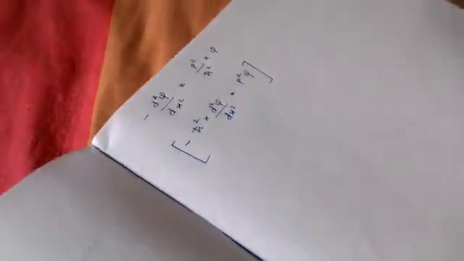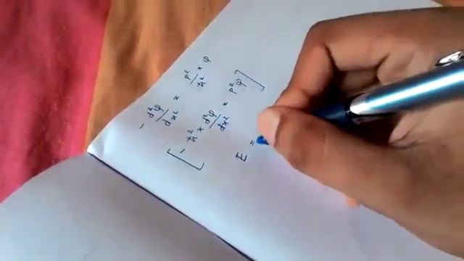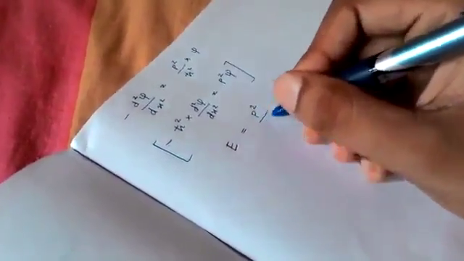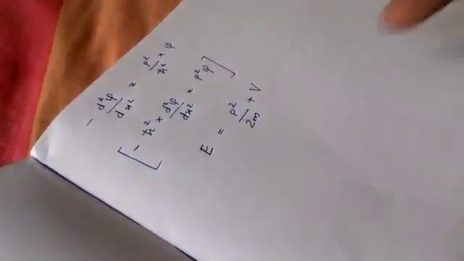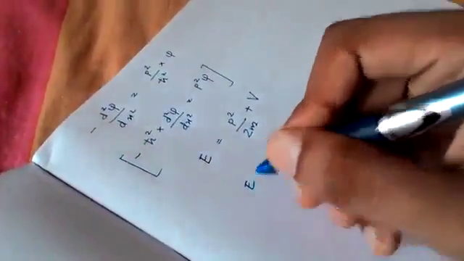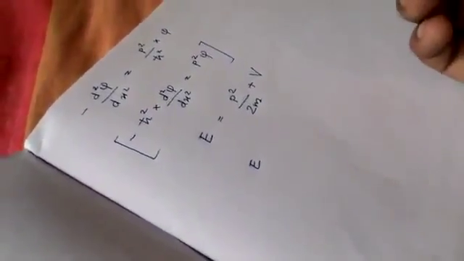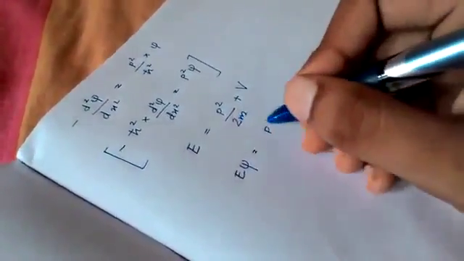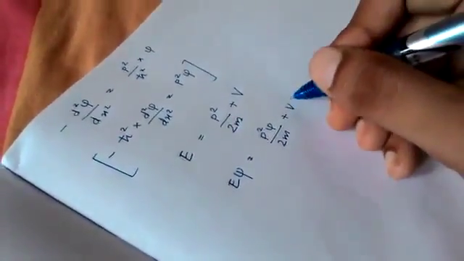We earlier derived that E, the total energy, equals the kinetic energy p squared by 2m plus V. To reach the time independent Schrodinger equation, we multiply this equation by psi. We get E psi equal to p squared psi by 2m plus V psi.